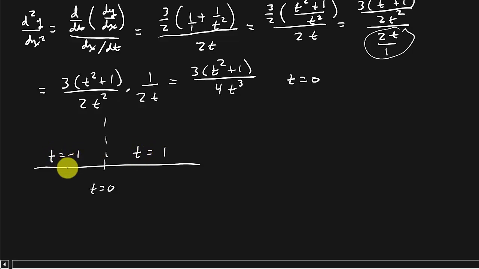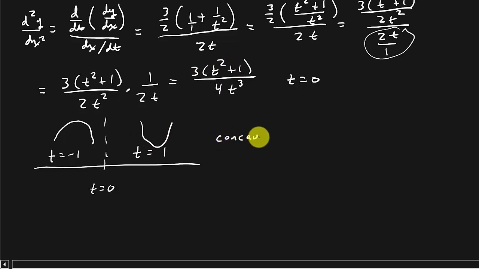When t is -1, the numerator up here is always positive. So if I plug the -1 in here, this is going to be positive over a negative, which is negative. That tells me it's concave down. And when I plug the 1 in right here, this is going to be positive over positive, so this is going to be concave up.